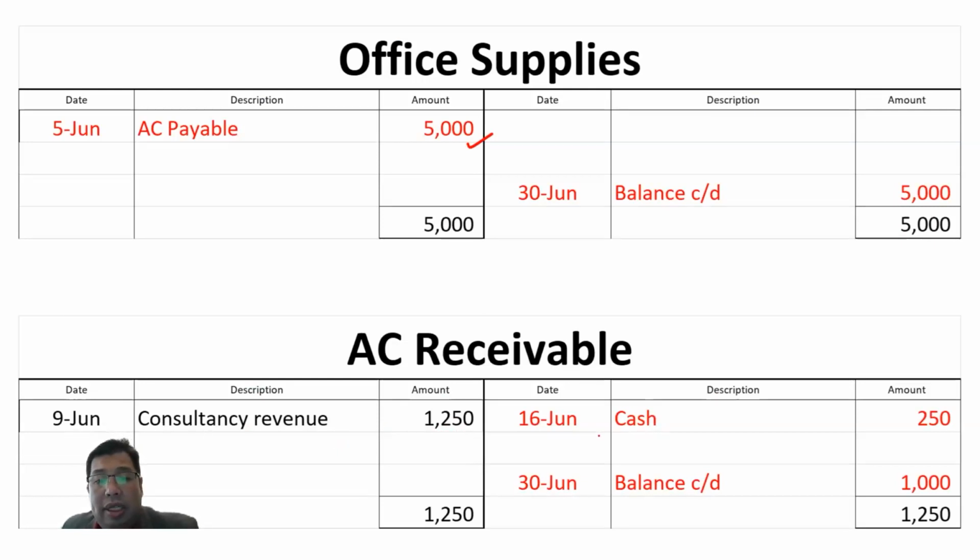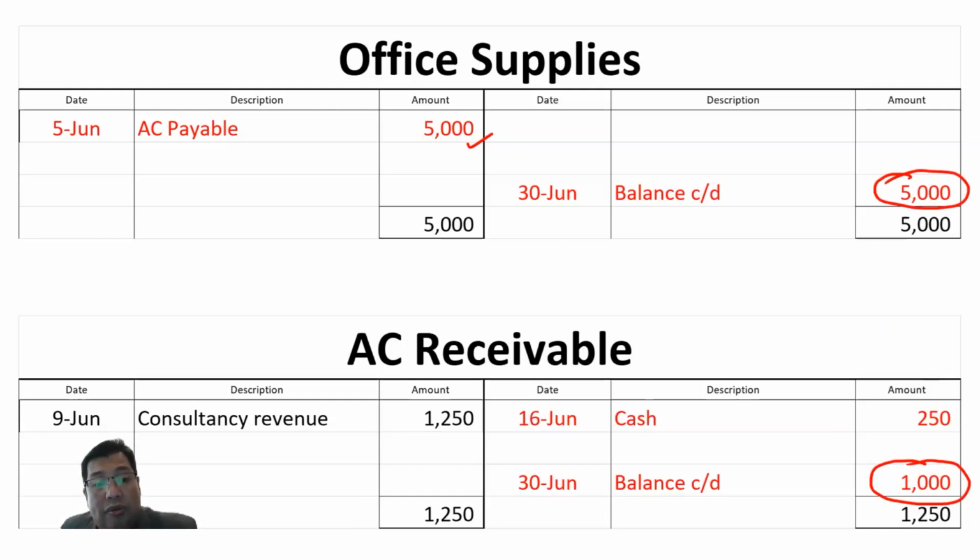And then we received payment from our customer on account receivable, 250. So the amount that we're going to collect from our customers in the future is only 1,000. So the balance for office supply is 5,000, whereas the balance for account receivable is only 1,000.